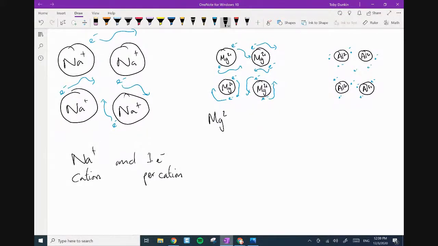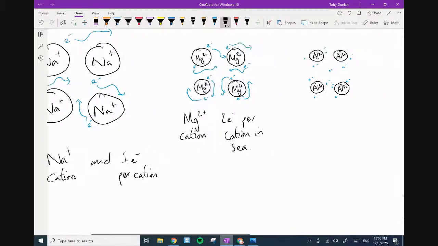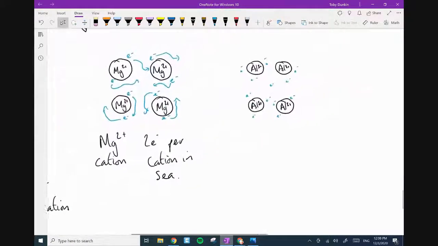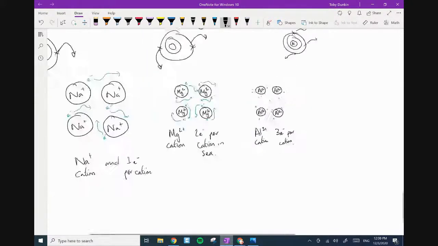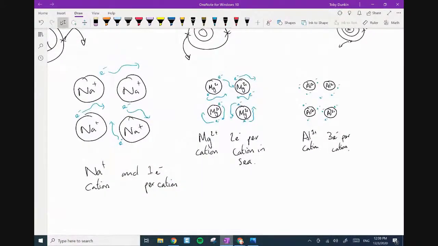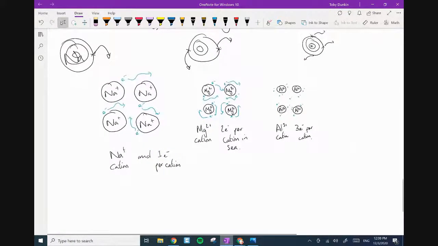Magnesium, Mg2+ cation, higher charged than sodium. 2 electrons per cation in the C. Increased electrostatic attraction, stronger, higher melting point. Aluminium, Al3+, higher charge cation, also smaller, 3 electrons per cation. Stronger electrostatic attraction. So we can now start making predictions here, which is really cool.